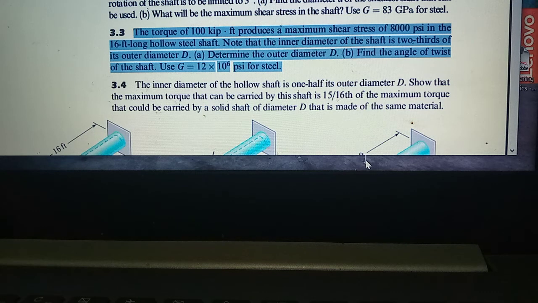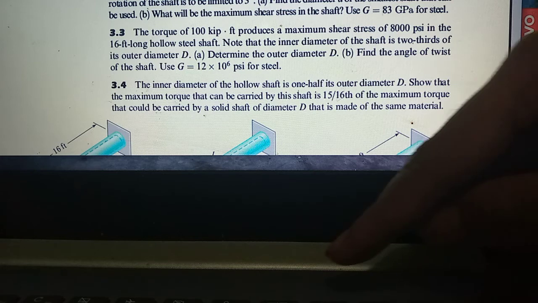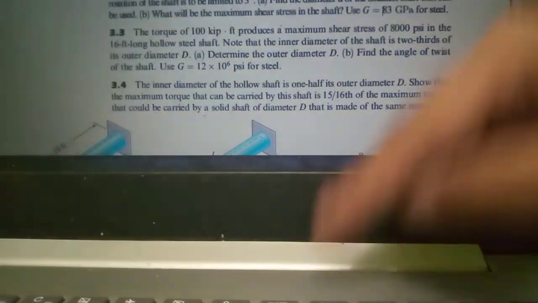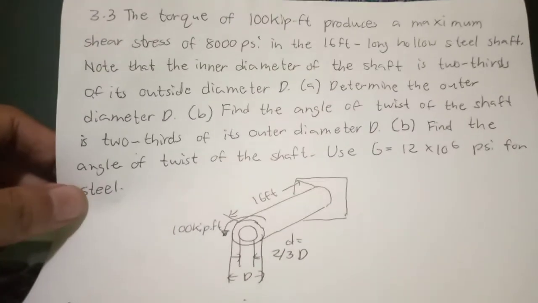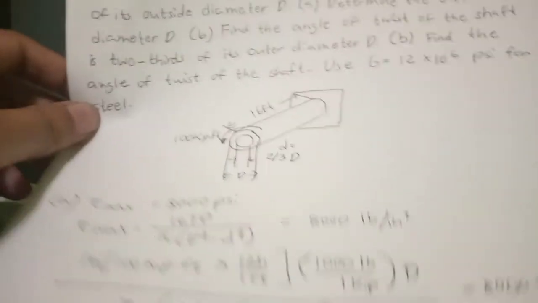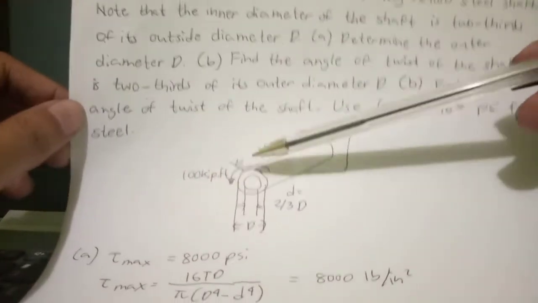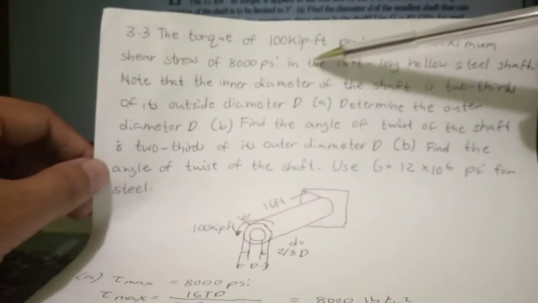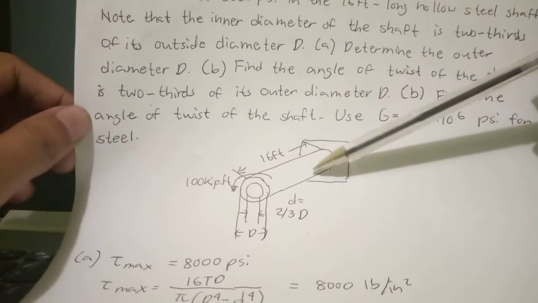So this time we use imperial units. So this is actually our solution. Determine the outside diameter. Since there is no figure available, I draw the figure, based on the problem.